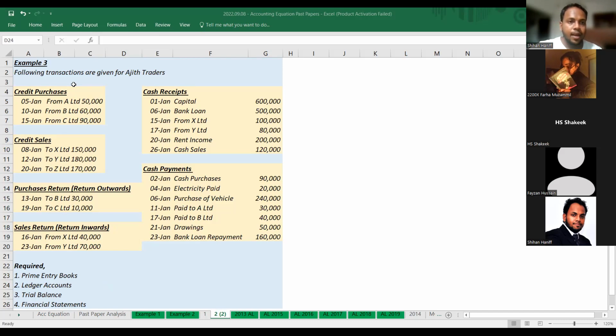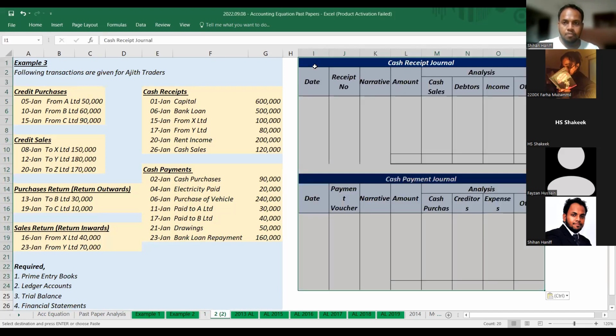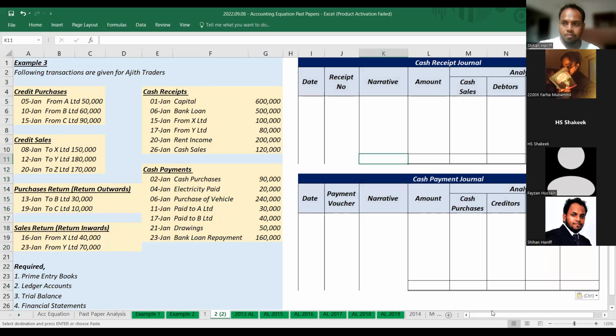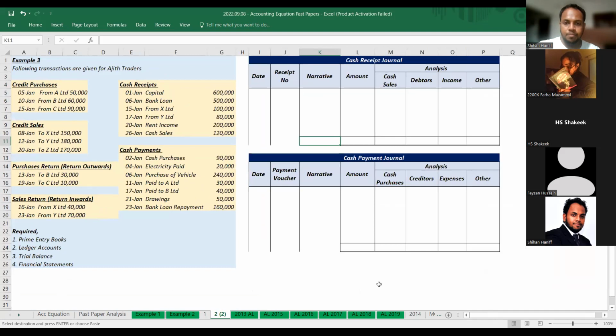Cash receipt journal and cash payment journal. This is the format.